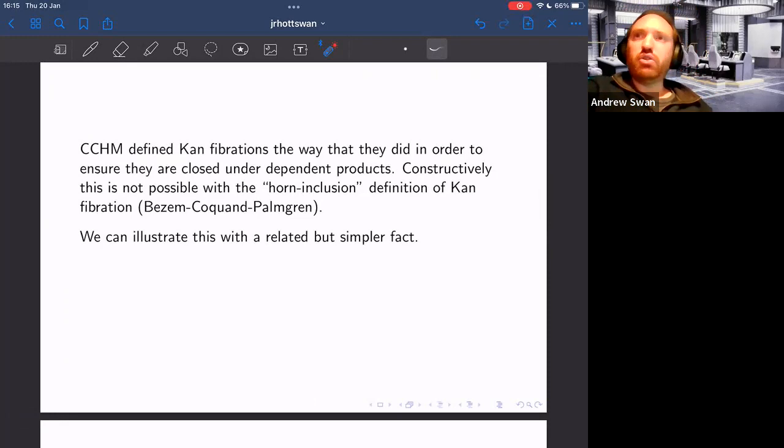I guess this is already true for a slightly earlier cubical set model by Bezem, Coquand, and Huber, and one of the motivations for the way they define Kan fibration is to make sure that the Kan fibrations are closed under dependent products. And so of course they use this to make sure that dependent products are working okay in the model of type theory.